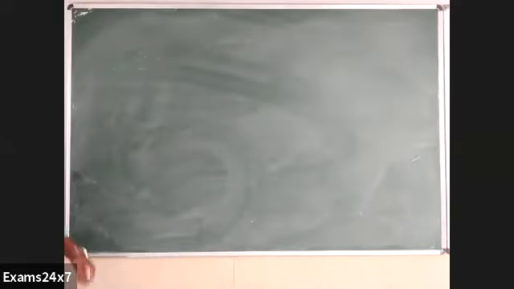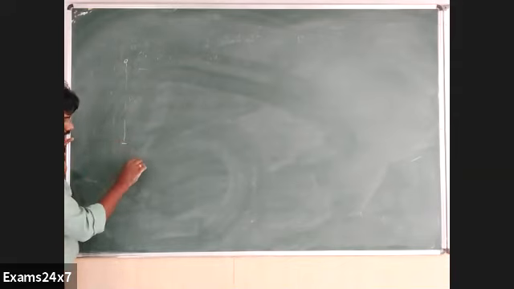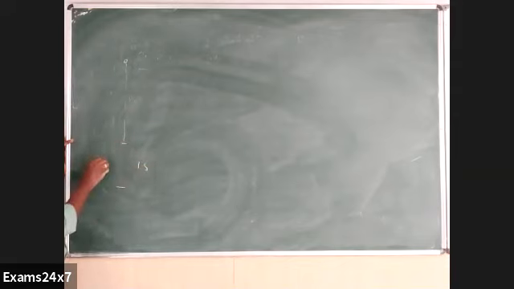What is given? The body is dropped from some height, and in the last 1 second it covers 36% of the total height. That means 0.36 of the total height.